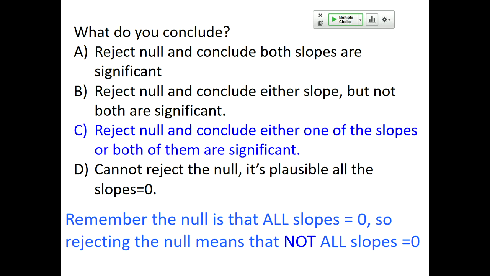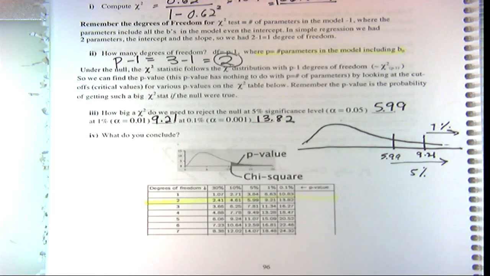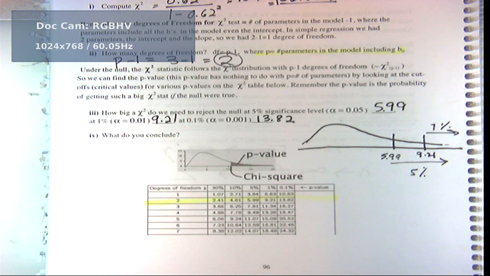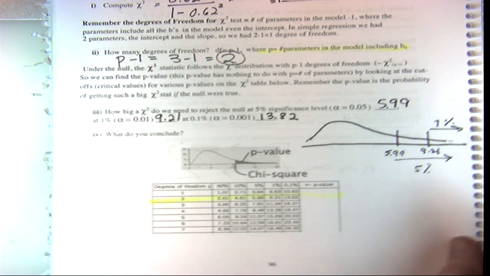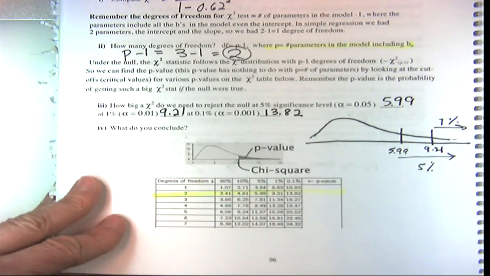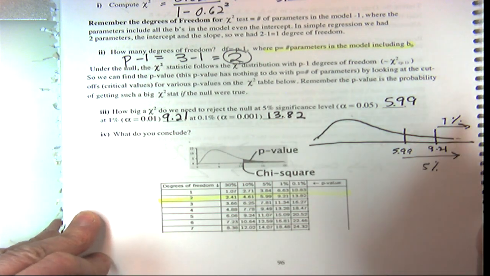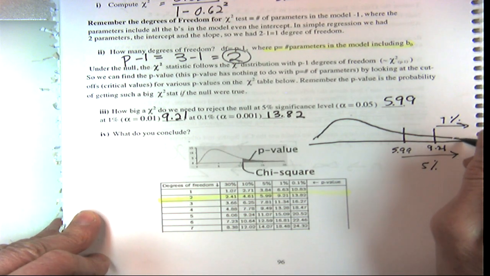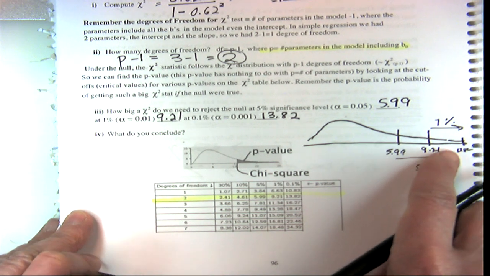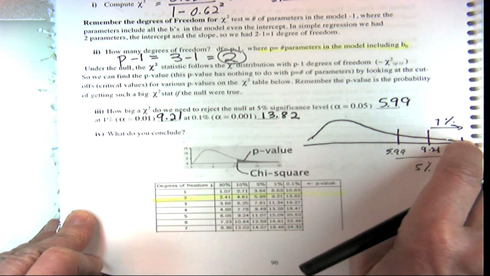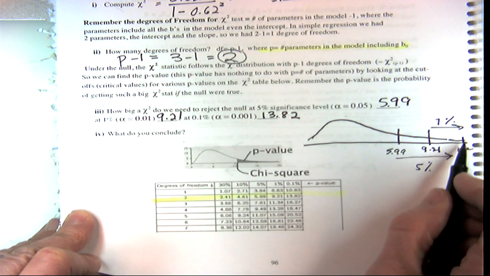Do you understand? Okay, so let's write that on the document camera. So first of all, what did we do? We looked at 13.82, which was out here. Sorry, so hard to read, but beyond that was 1%. But ours was 66.